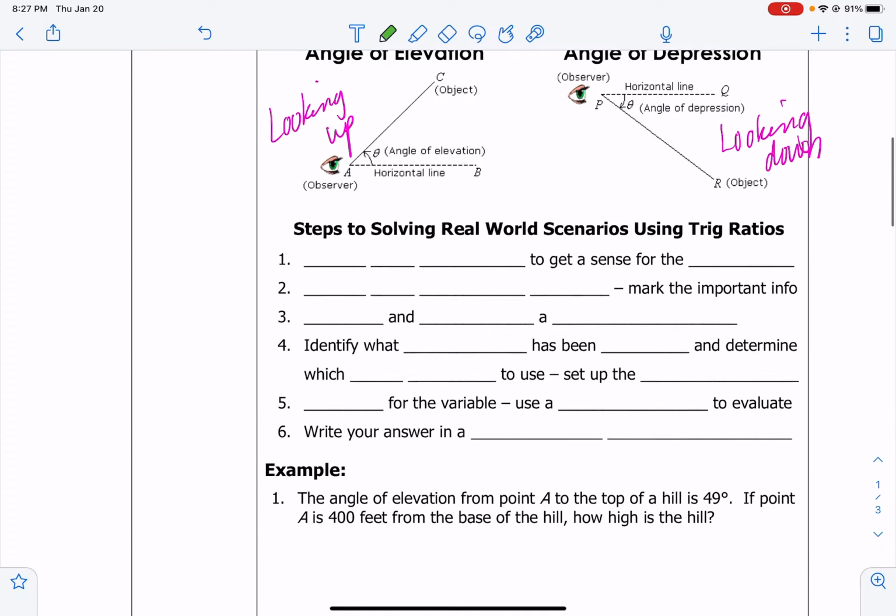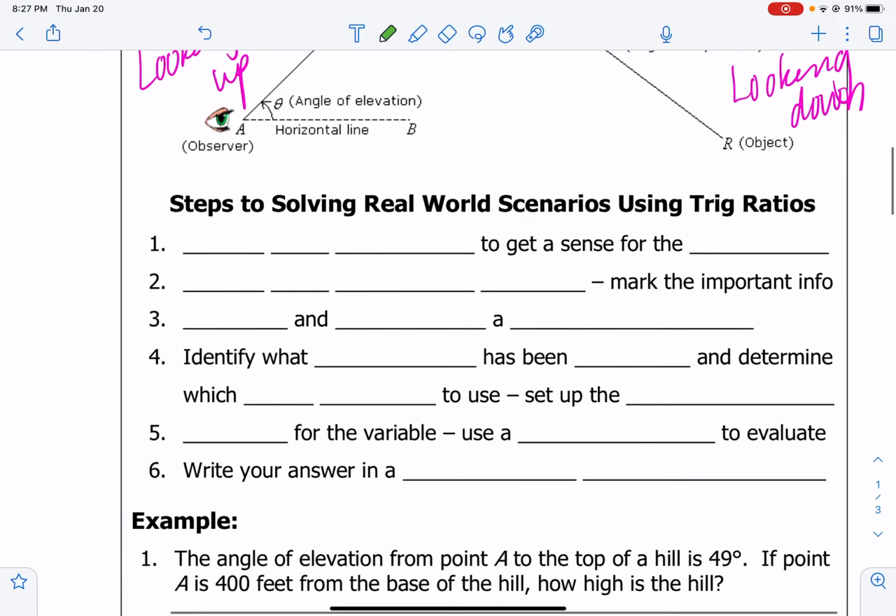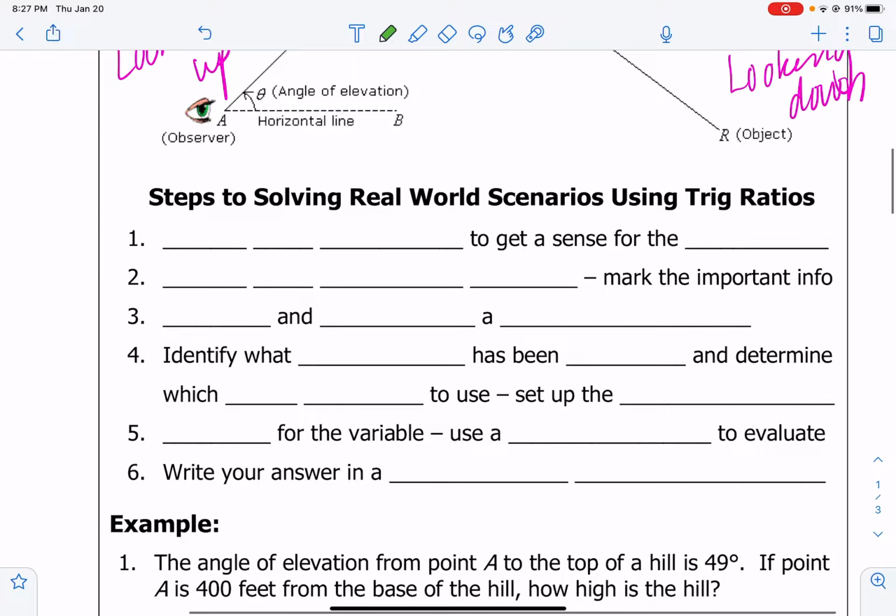So, what steps do we need to take to solve real-world problems? So first, we have to read it a couple times. So we're going to read the problem to get a sense for the story. Are we looking up? Are we looking down?